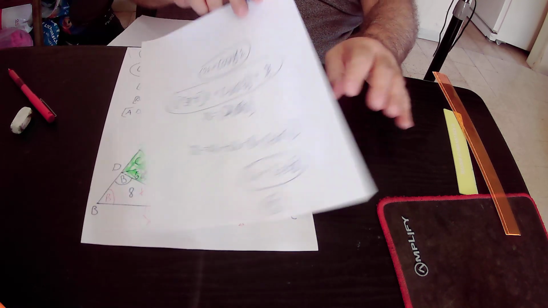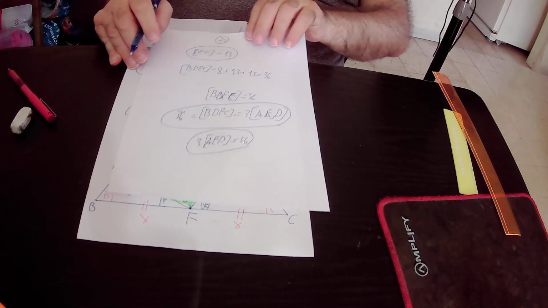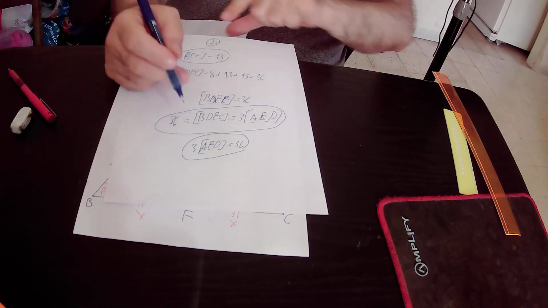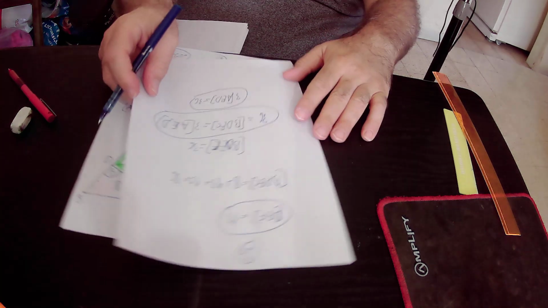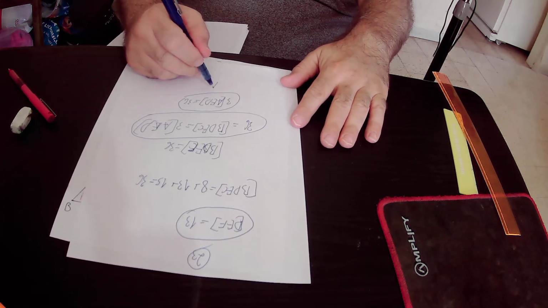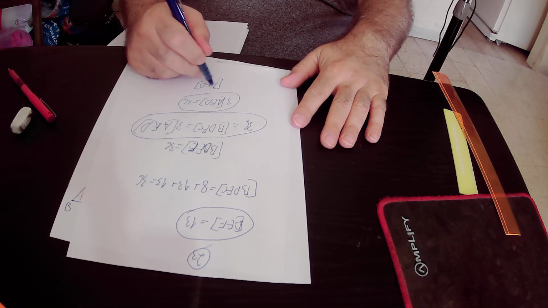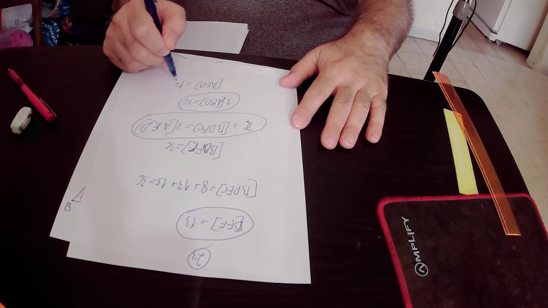Here we will divide this equality by 3, and we will get that the area of triangle AED equals 12 square units.